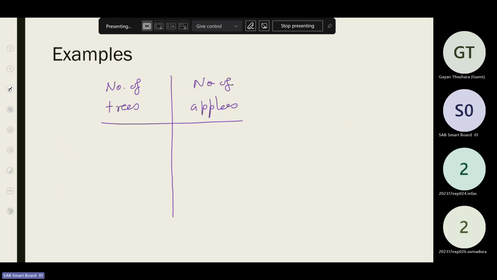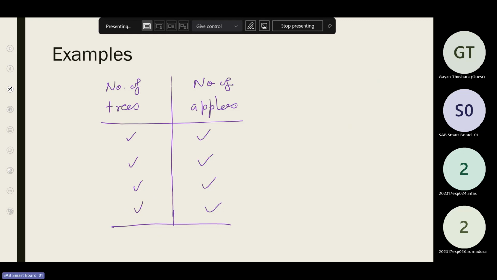Suppose you are given a data set, number of trees, number of apples. You have the values here. You are asked to find the average of this data set. So we have to identify which one is the observed value and which one is the frequency.